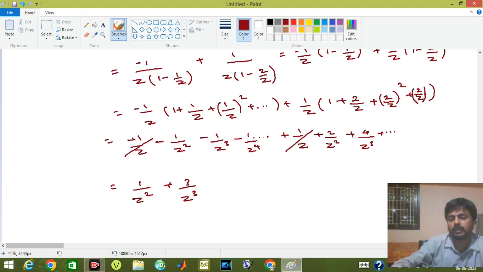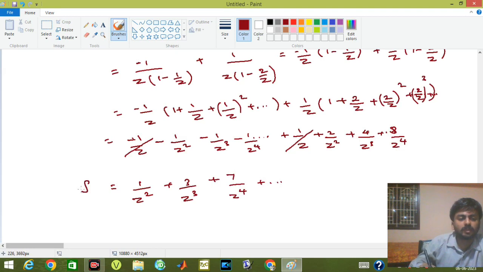So 2 cube will be 8 by z power 4. So 8 minus 1 is 7, plus 7 by z power 4 plus etc. This will be our f of z.